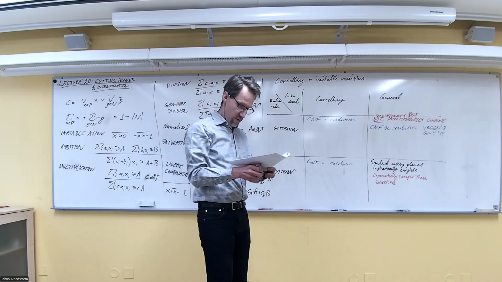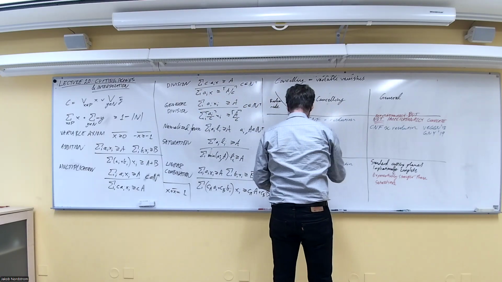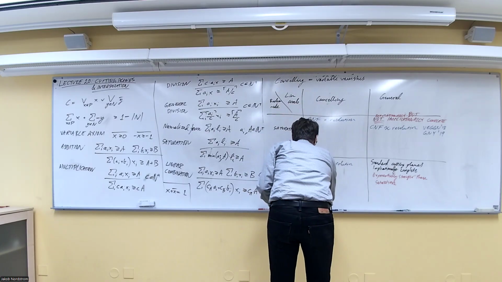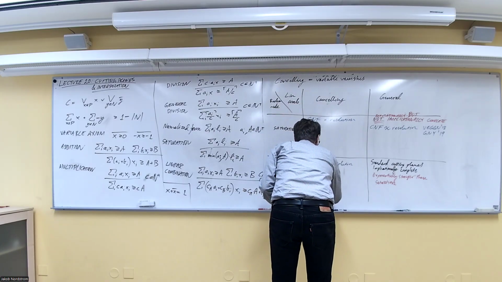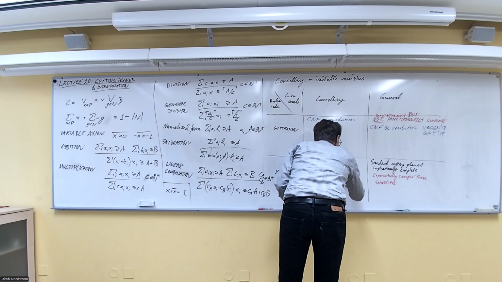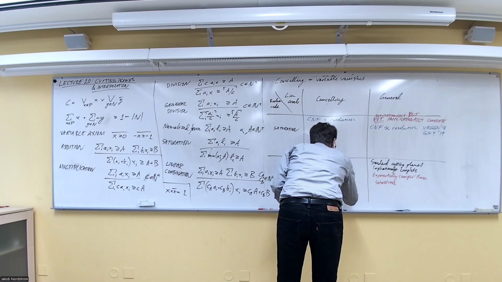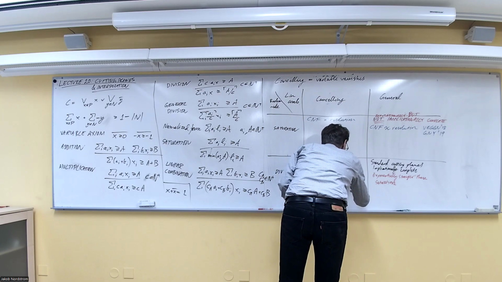Okay, so let me tell you what is known: cutting planes with division and canceling linear combination can be exponentially stronger than cutting planes with saturation.